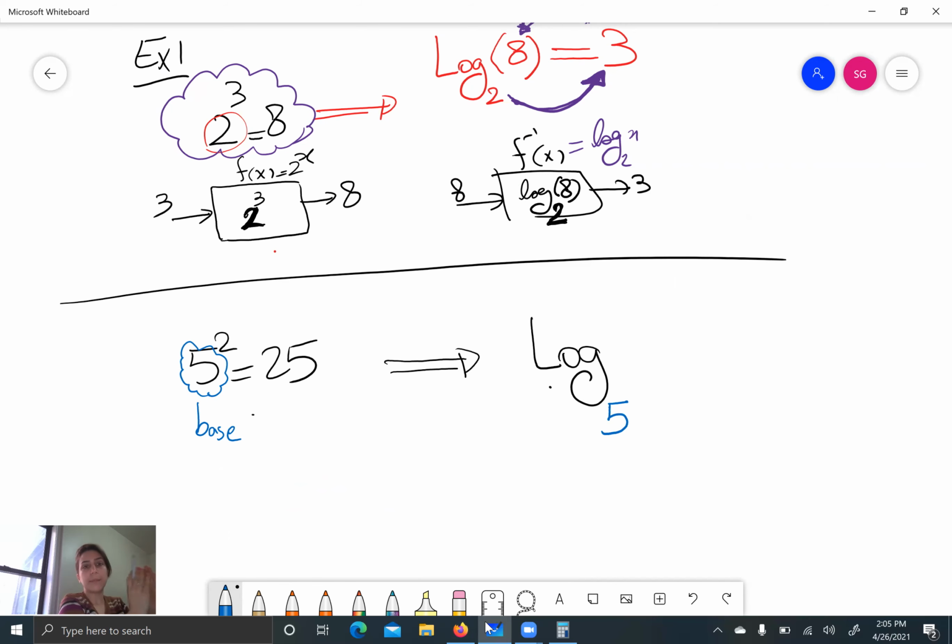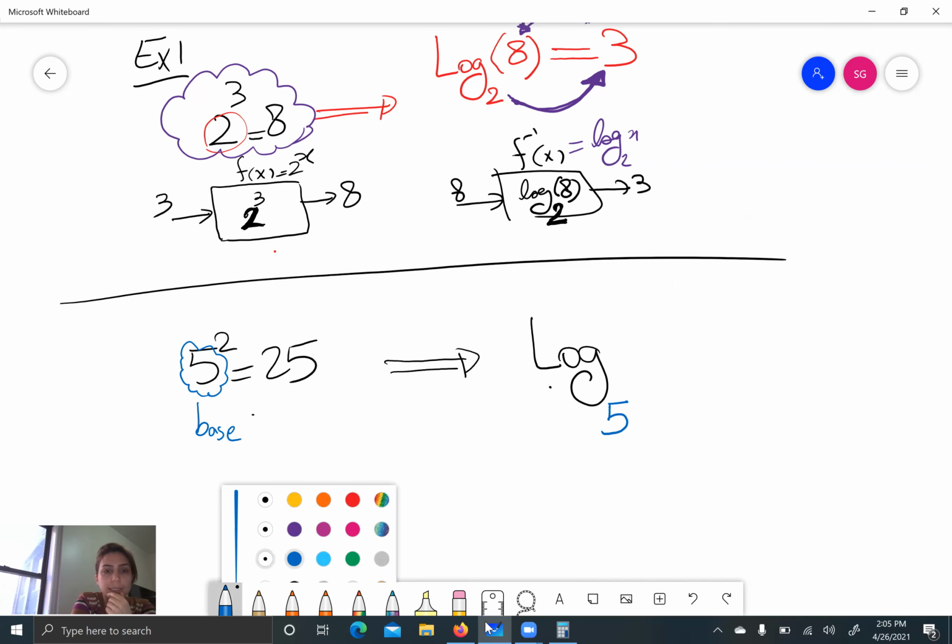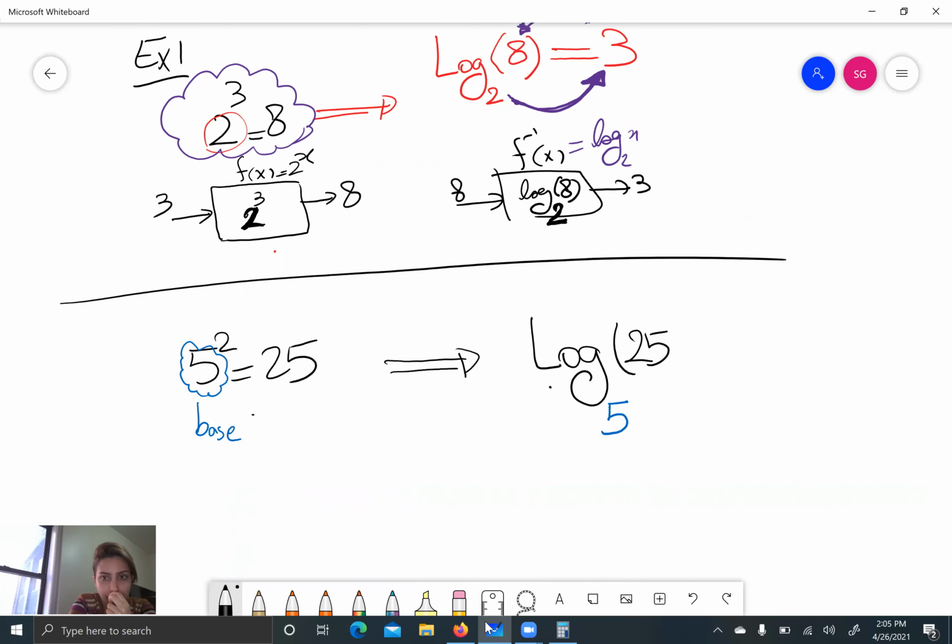Whatever is the base of the exponential function, that value is the base of the logarithmic function. Now, what is the input value? It should take the 25. Just switch the input and output values. So it should take the 25 and it returns us 2. So 5 squared is 25 is the same as saying logarithm of 25 to the base 5 is 2.